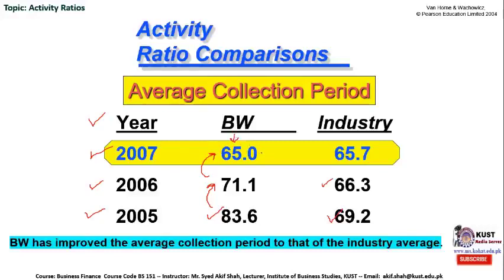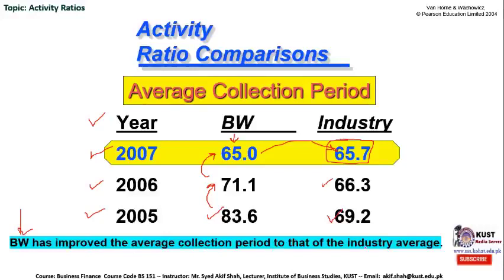We can also compare Basket Wonder's performance with respect to the industry, and the industry in 2007 had a set benchmark of 65.7 days of account receivable time period. If any company is near the industry average, it means that the company is performing well in the average collection period. Therefore, we can conclude that Basket Wonder has significantly improved the average collection period to that of the industry average.